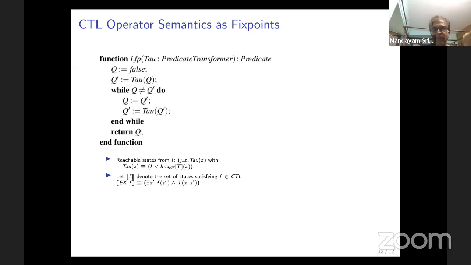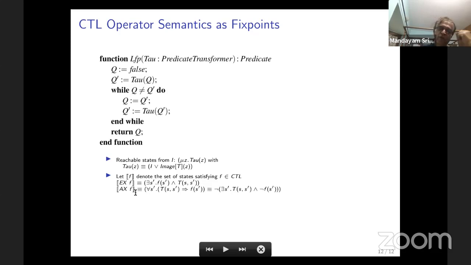It's actually the image, but constrained in such a way that in the next state you're only looking at those that satisfy the given formula f. So this can be computed without recourse to fixed point computation.